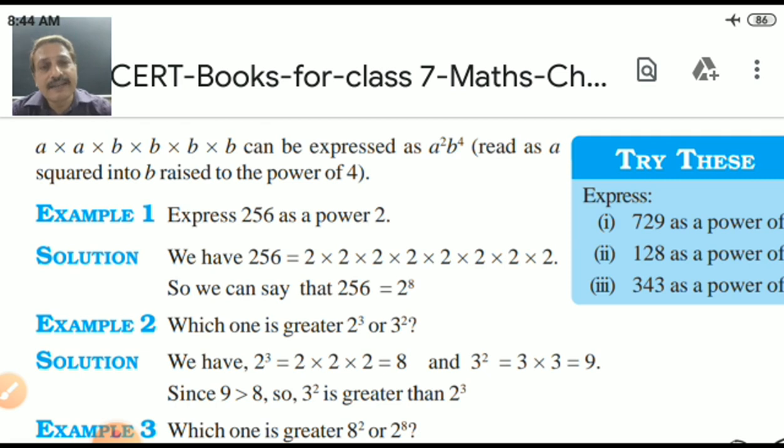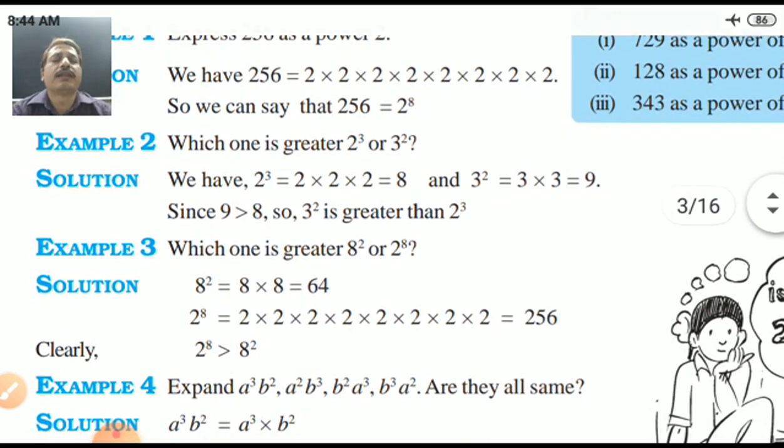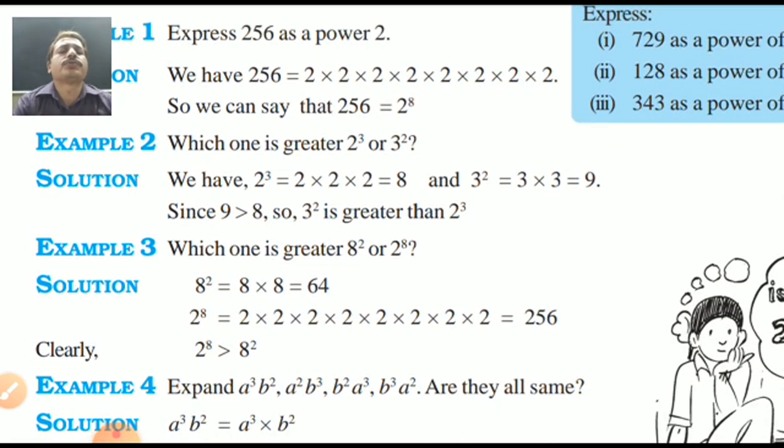So here 9 is greater than 8, that's why 3 raised to 2 is greater than 2 raised to 3. Which one is greater, 8 raised to 2 or 2 raised to 8? Same way here, 8 8s are 64 and 2 raised to 8 is 256, just now we found. So we can say 256 is greater than 64. That's why 2 raised to 8 is greater than 8 raised to 2.